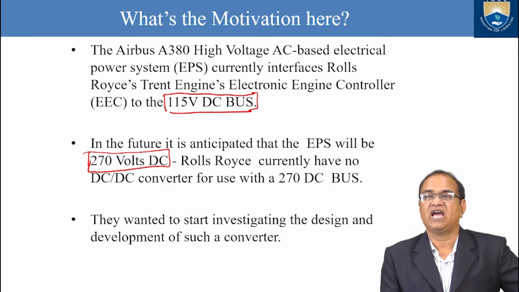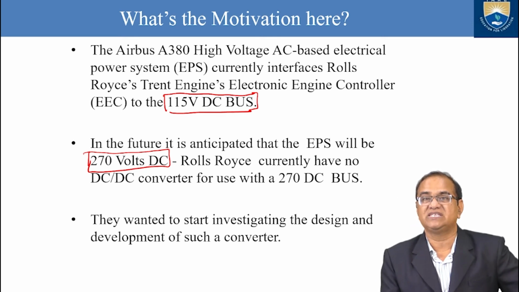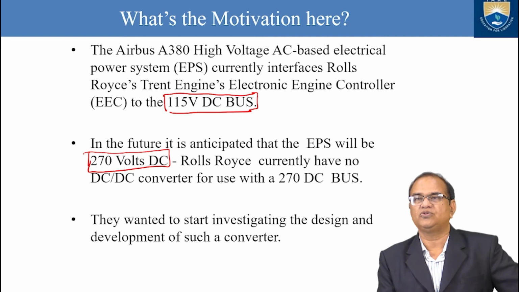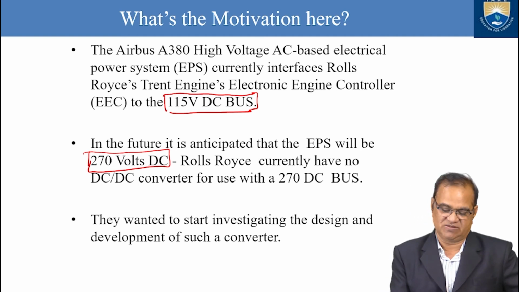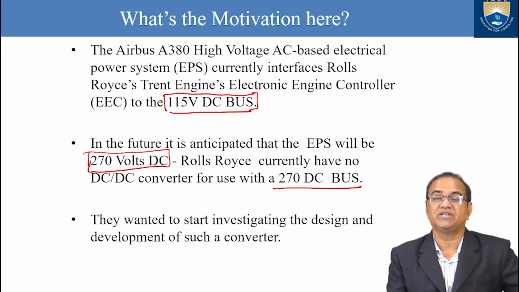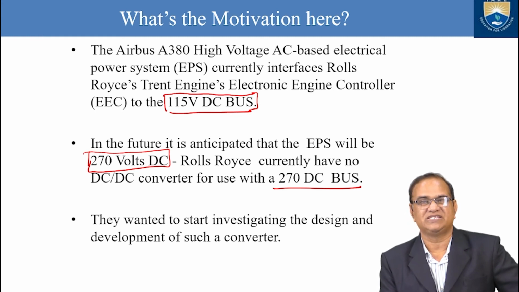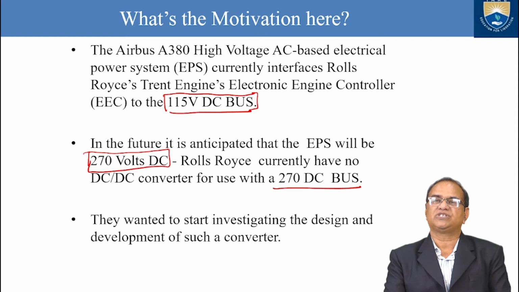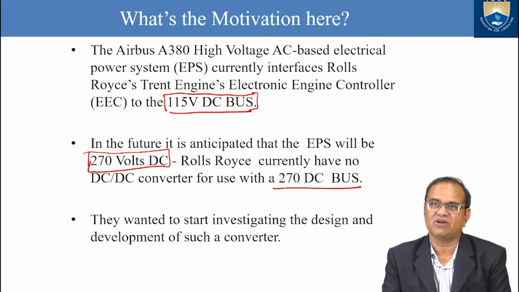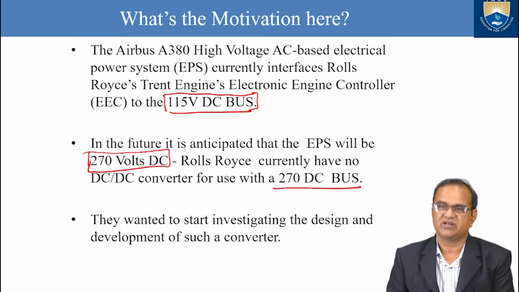Rolls-Royce currently has no DC converter for use with a 270 volt DC bus. So currently we don't have the DC to DC converter for the 270 volt DC bus. They wanted to start investigating the design and development of such a converter.